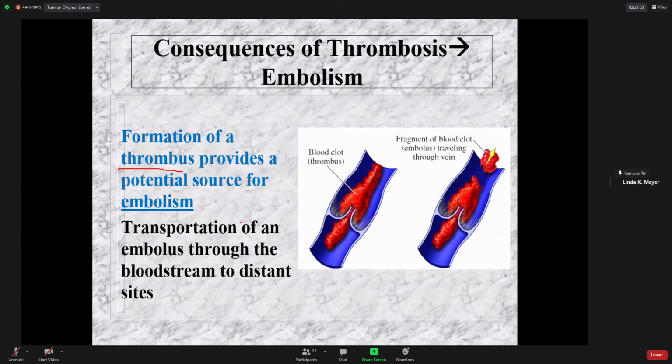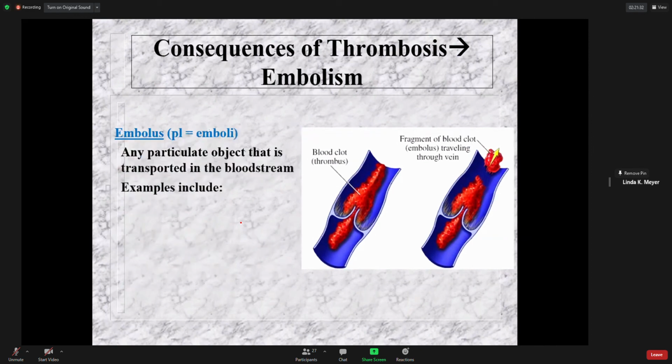So what happens with the embolism? Well, this embolus can cut off the blood supply in distant sites and have the same consequences as thrombosis.